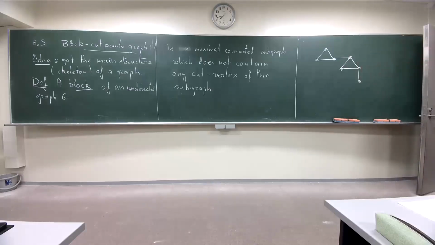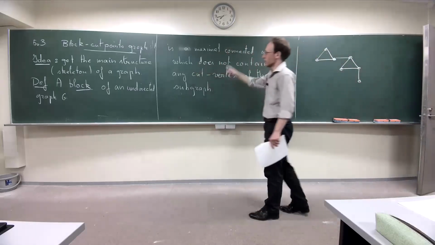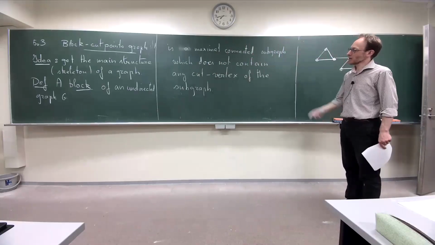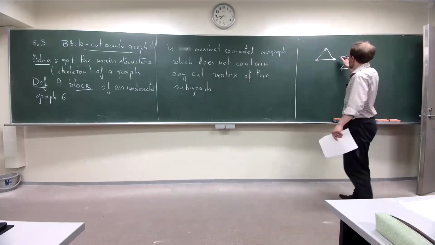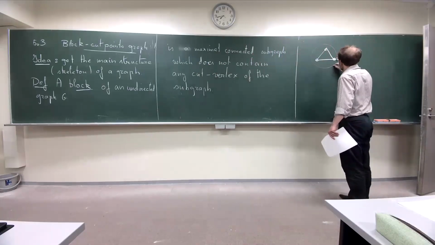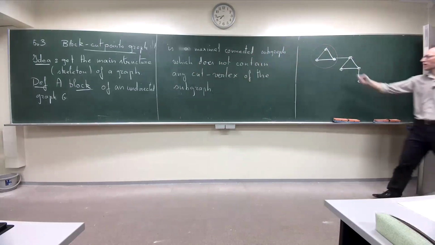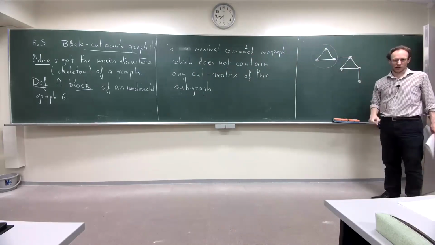Okay, so we look for blocks. A block is a connected subgraph which does not contain any cut vertex of the block. So this is a block. I cannot extend it further because if I want to include this one, I would have a cut here.